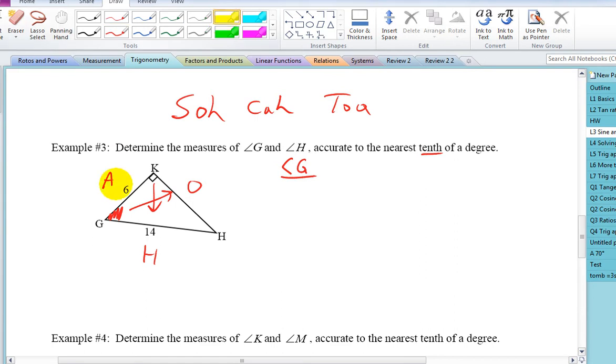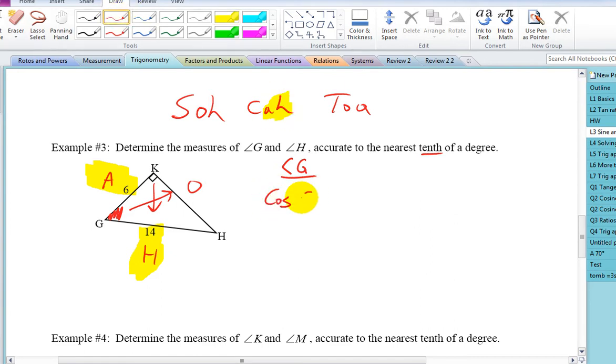So the question is, which ratio should you use, sine, cosine, or tangent? But look here. I have 6, which is the adjacent side, and 14, which is the hypotenuse. I have A and H. Yeah, A and H is only found in cosine.